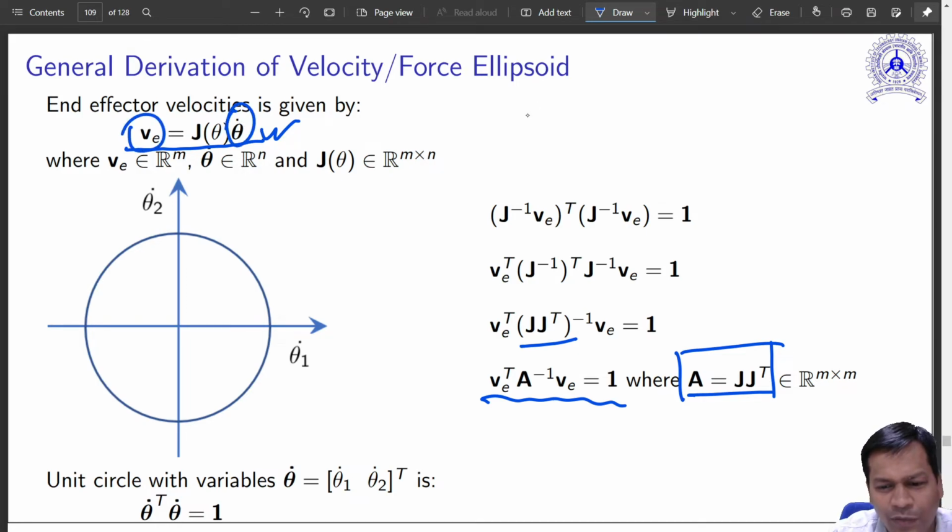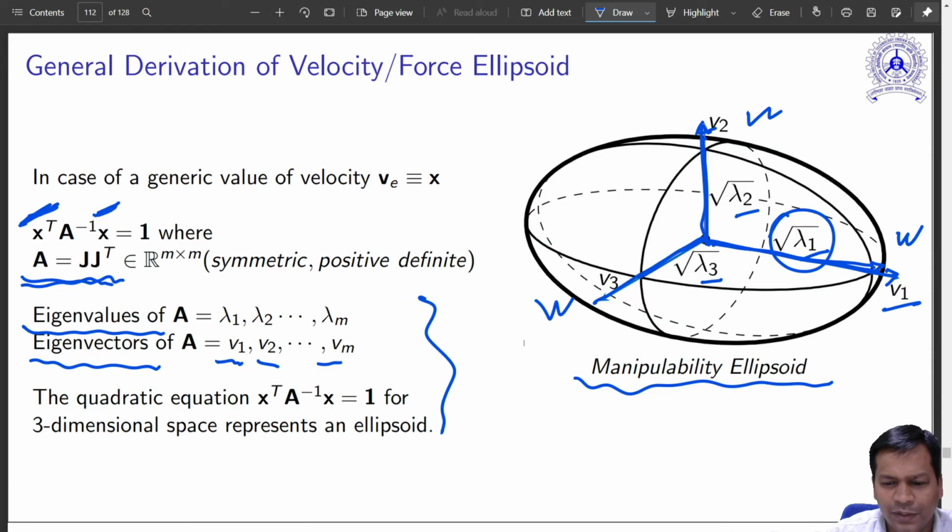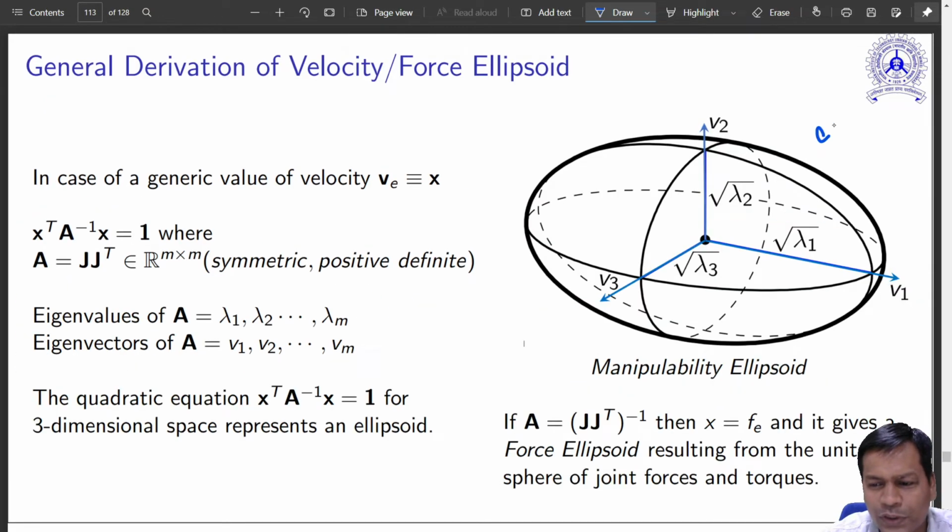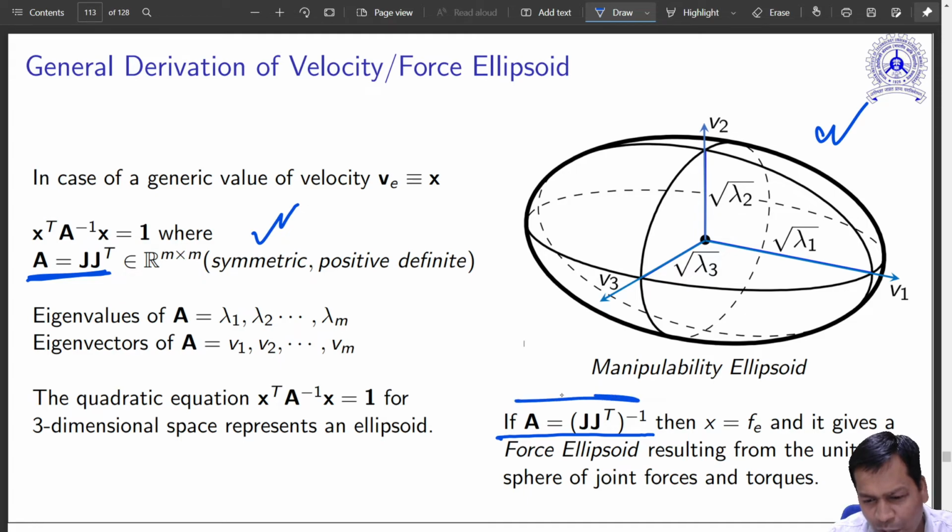If you start off with the wrench and the joint torque, you will get a similar expression. The only thing is you will be associated with the Jacobian transpose then, and you will get the force ellipsoid in that case. So if A is equal to (JJ transpose) inverse for velocity, it becomes the inverse of that in the case of force, and you see both are orthogonal to each other.